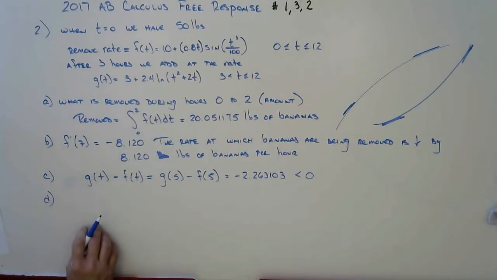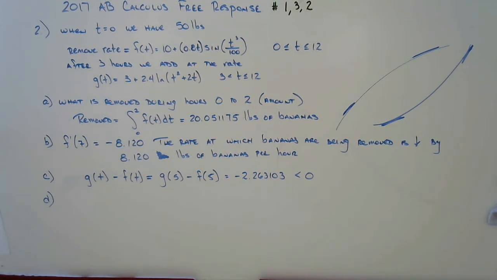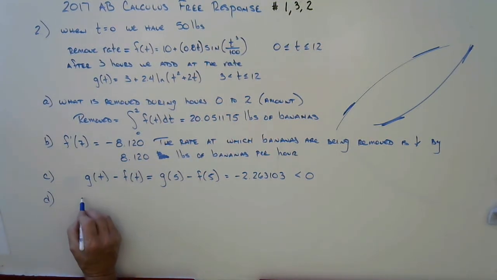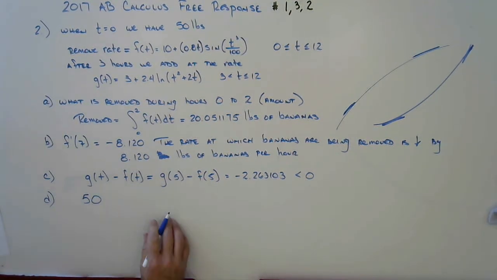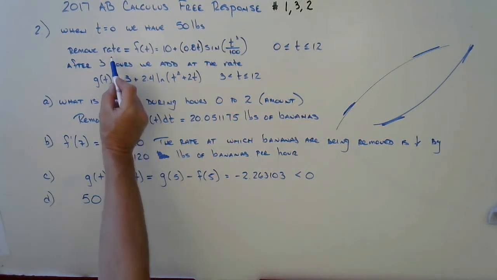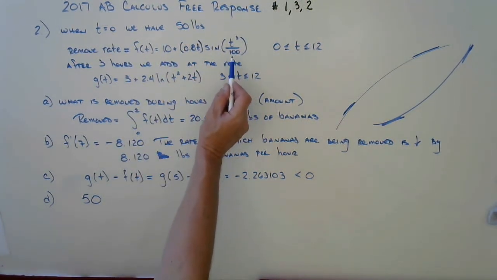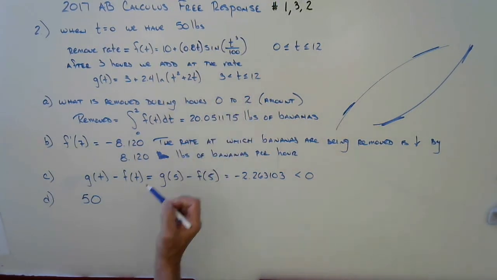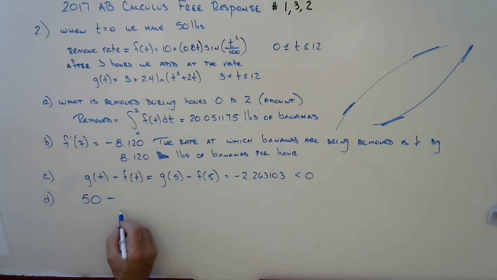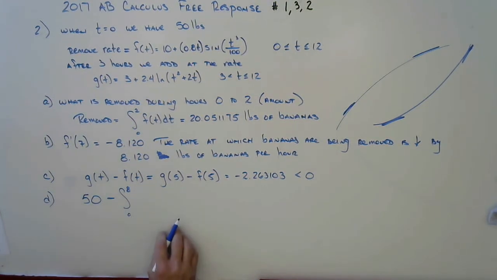Part D says, how many pounds of bananas are on the table at time 8? So let's think about this. Store opens, we have 50 pounds. Now people have been buying our bananas for 8 hours.